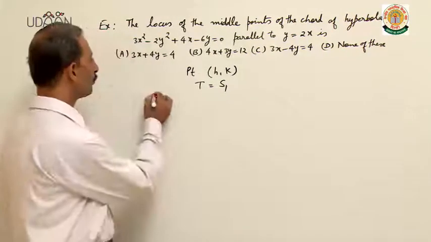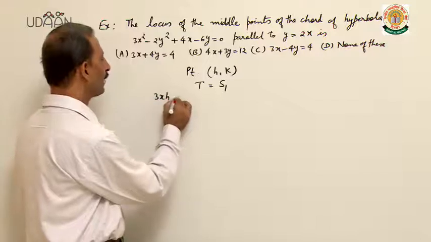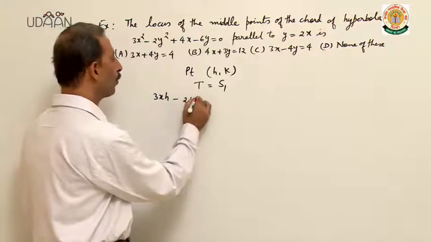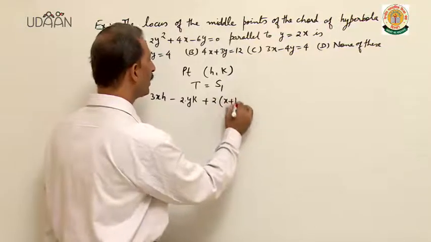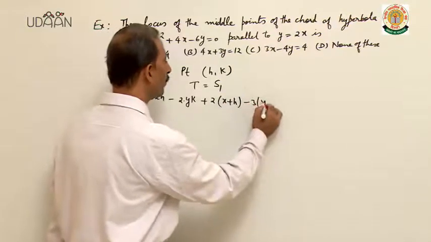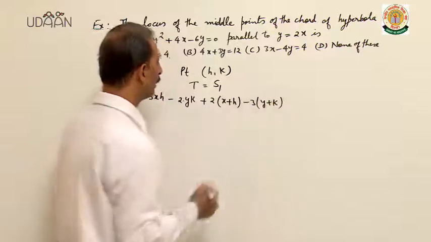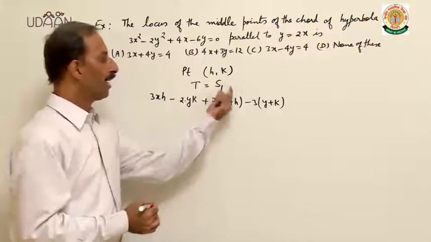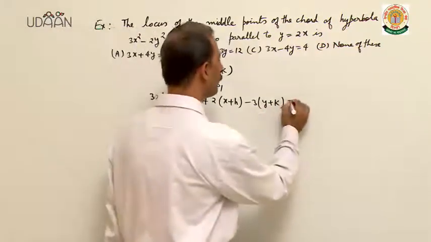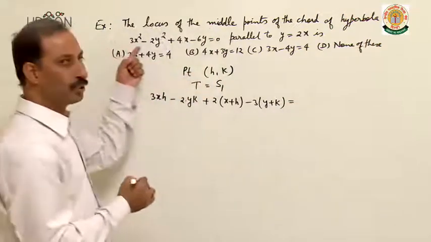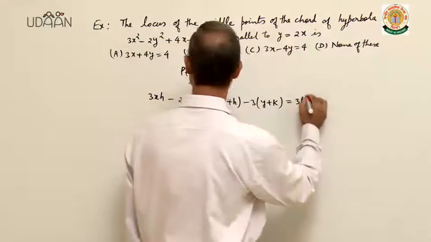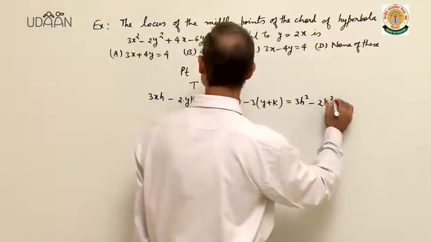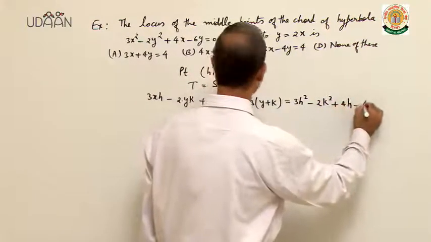T is 3xh minus 2yk plus 2x plus h minus 3y plus k. That is the value of T. And S1, when you place h in place of x and k in place of y, is 3h square minus 2k square plus 4h minus 6k.